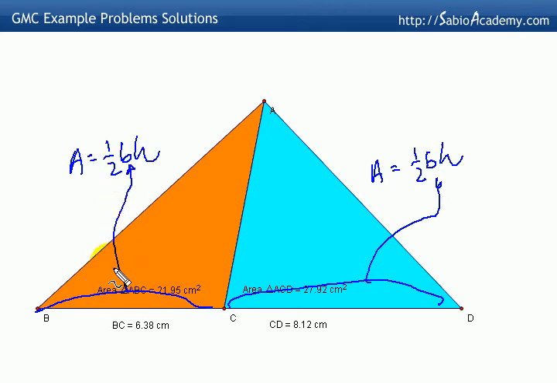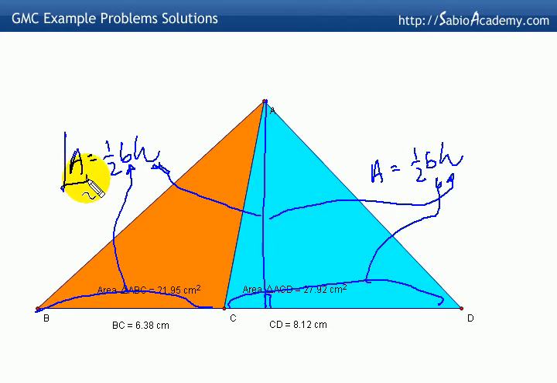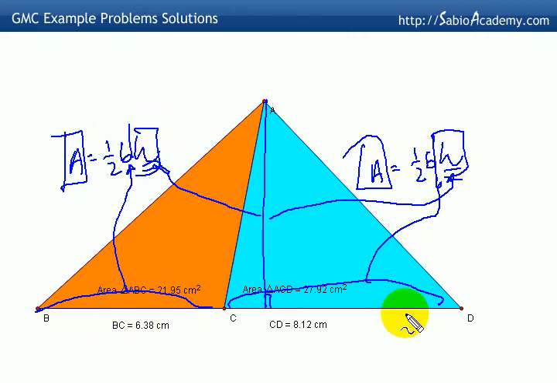But I want you to realize here, when they share the same base like this, they will have the same height, because this is the height for both of them. So this height goes into both. When comparing the area of these two, height will not have any effect, because they will have the same number for both triangles at all times. No matter what I do to it, this number will be the same for both. That's what happens when two triangles share the same base.